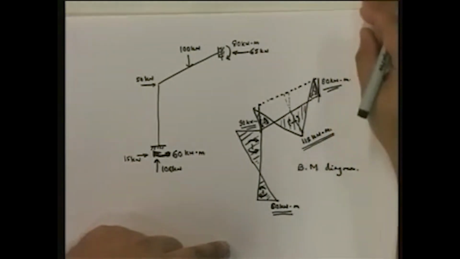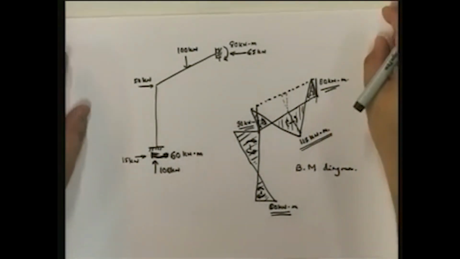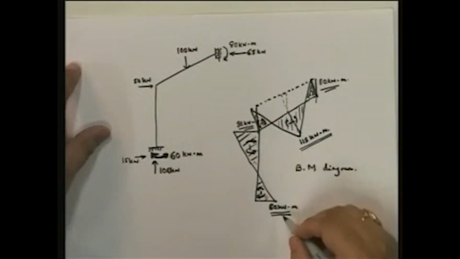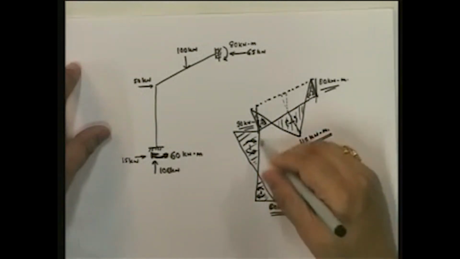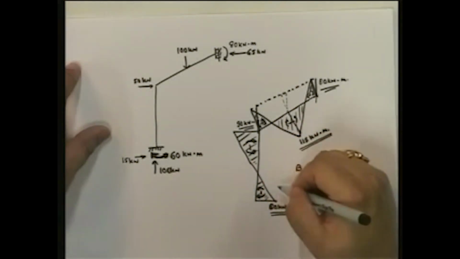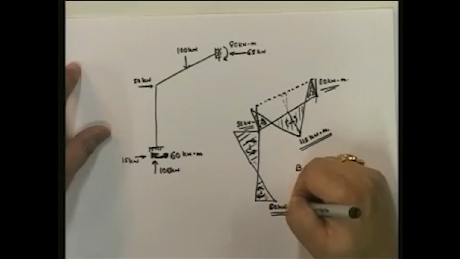I hope this is exactly what you have got from your solution. I just gave you the solution to this particular problem. Now remember this solution. Interesting to note here is that almost everywhere the maximum bending moment is fairly uniform.